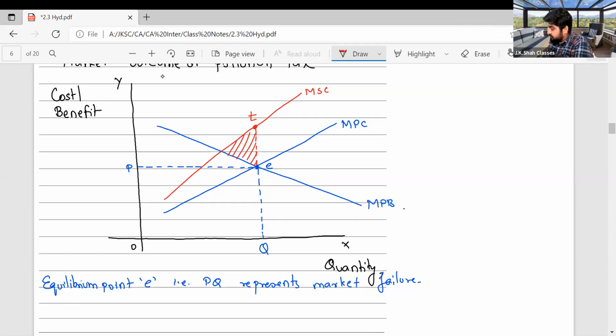Now, when we are talking about loss of social welfare, so our point T is the excessive cost that we have to incur. Now, friends, in this case, what do you expect our government to do? What do you want the price to be? More or less? What do you want quantity to be? More or less?